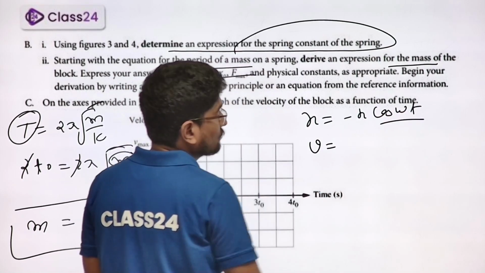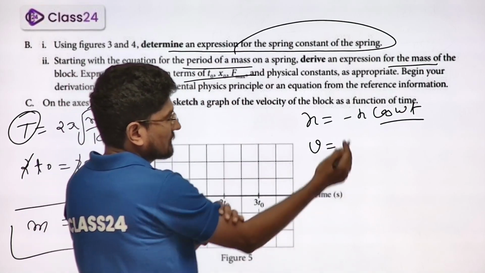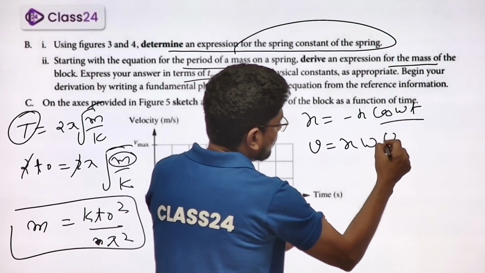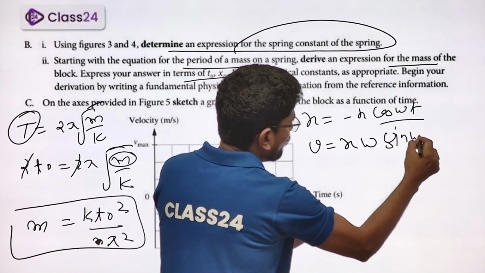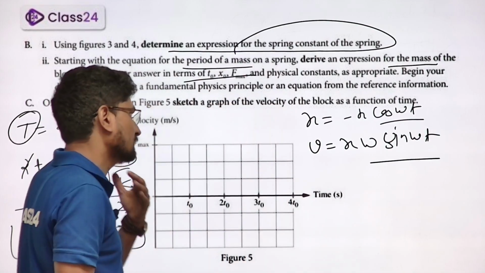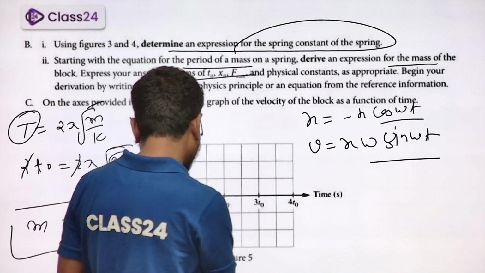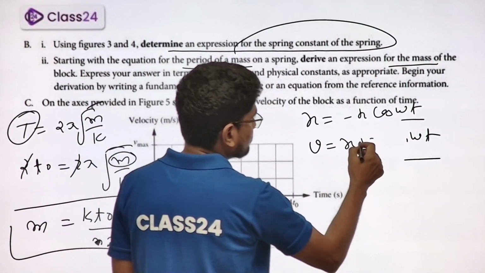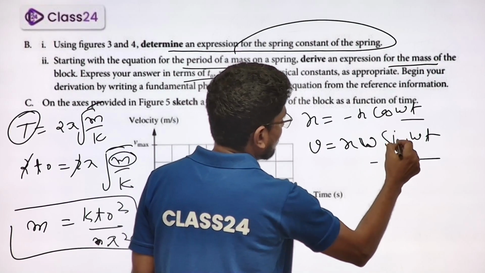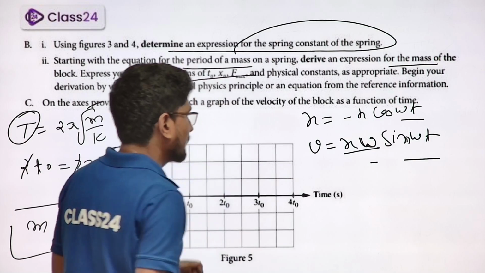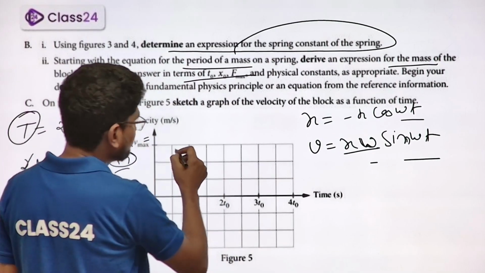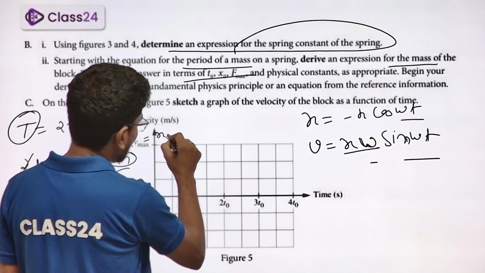Differentiating cos omega t gives minus sin, and minus minus becomes positive, so x naught omega sin omega t is the function of velocity. The velocity depends on a sine function, so we can easily draw it. x naught omega is the maximum amplitude, so v max is x naught omega.